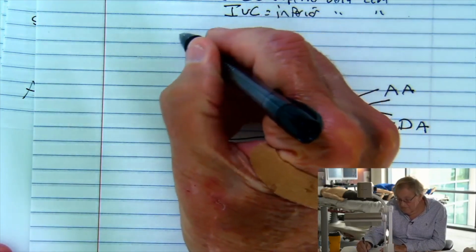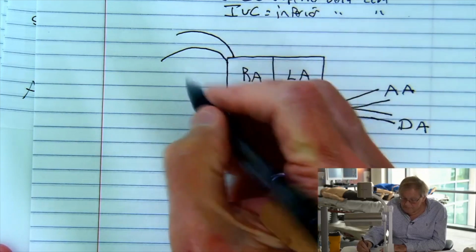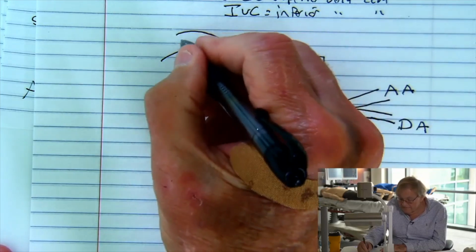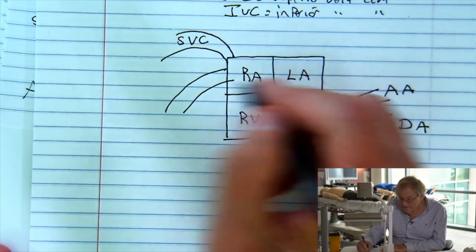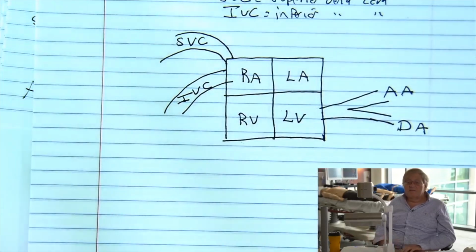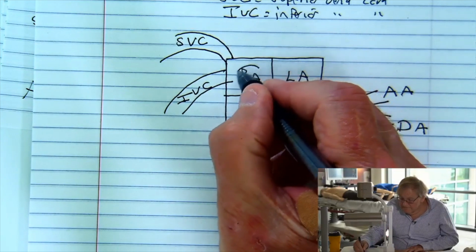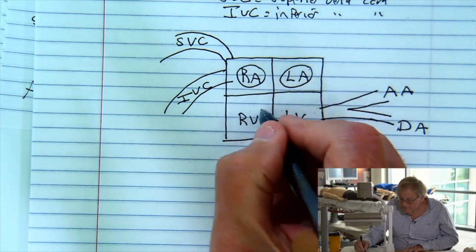So coming into my right atrium, I'm going to have 2 great vessels, the SVC, superior vena cava, and the IVC, inferior vena cava. And just remember, these are chambers here. This is a chamber, so this is heart muscle surrounding that chamber.